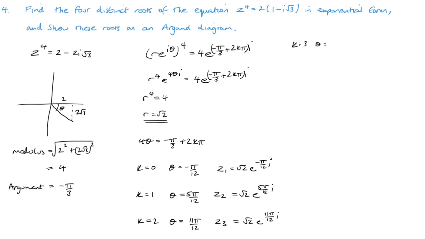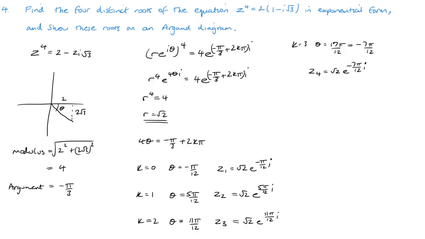So again, starting off with my minus a third pi plus 6 pi this time, divide by 4, we get 17 pi by 12, which is obviously outside of our range. So minus 2 pi from that, and we get minus 7 pi by 12. So z4 is root 2 e to the minus 7 pi by 12 i. So those are my 4 solutions.